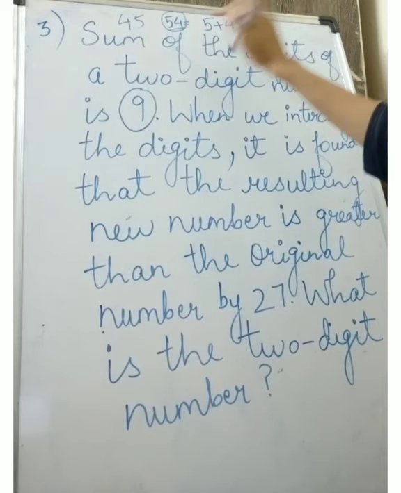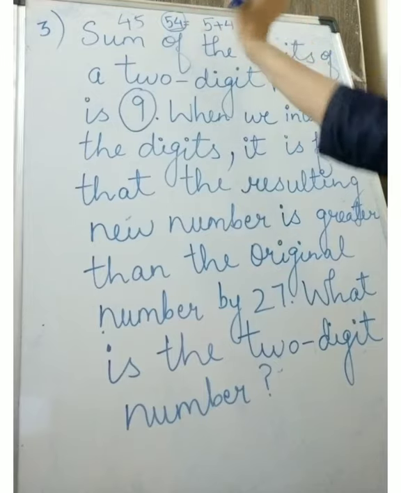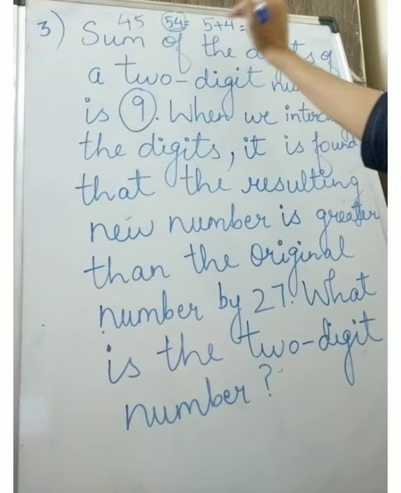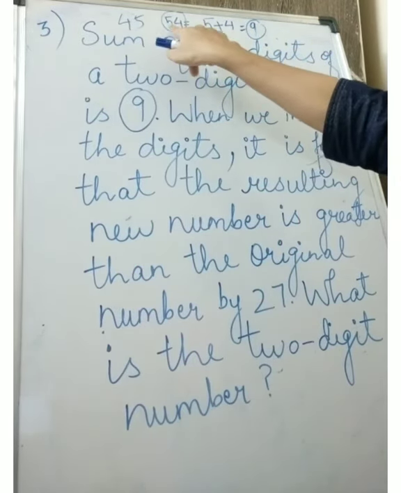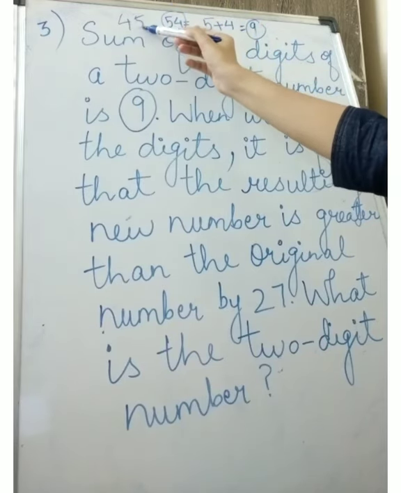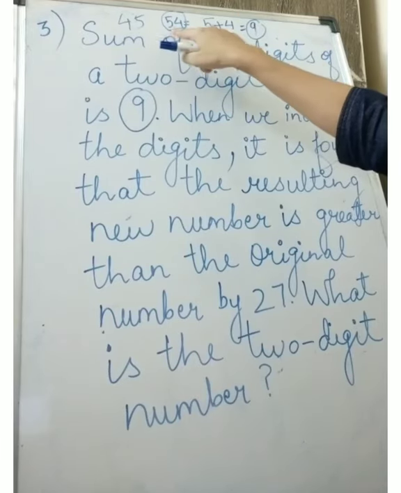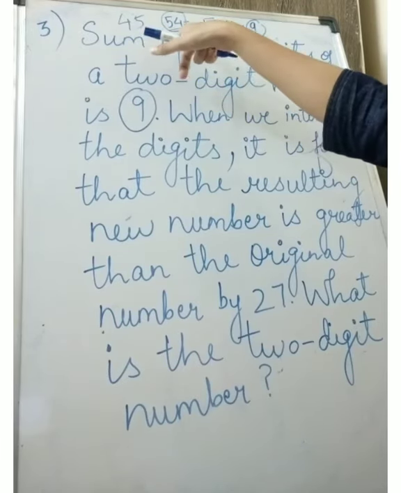It becomes 9 because in the question it is given that the sum of the digits of a 2-digit number is 9. So I have just taken this as an example. If we are interchanging the digits, 54 will become 45, like 5 will go from first place to second place and second place to first place, or we can say the tens digit will become the ones digit and the ones digit will become the tens digit.